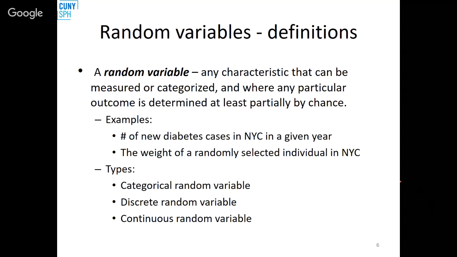If we know they're an adult, we could probably look up from one of the New York City health surveys what the average weight of New Yorkers is, and probably also the standard deviation, and we could make an educated guess that would be better than saying between 0 and infinity, but we can't know exactly what the weight is of someone we don't even know yet.